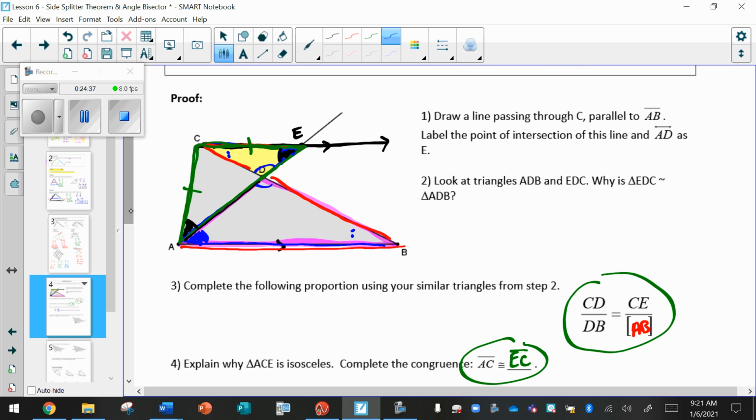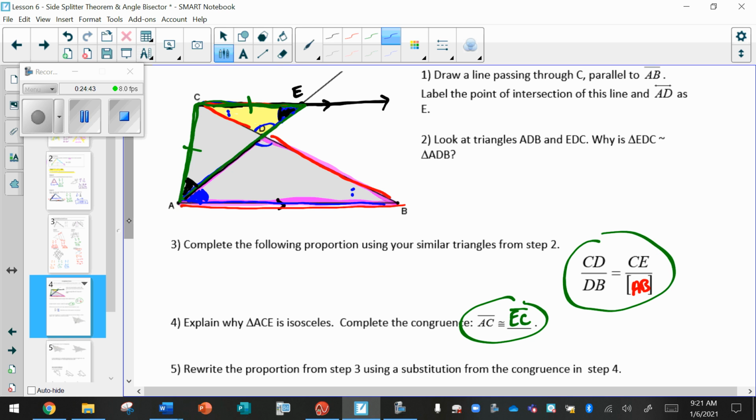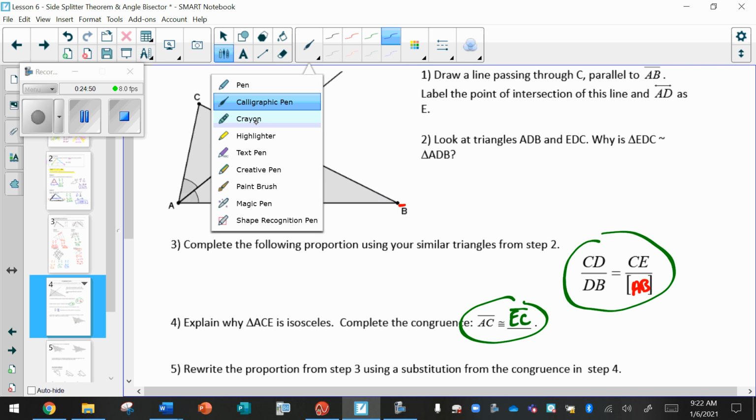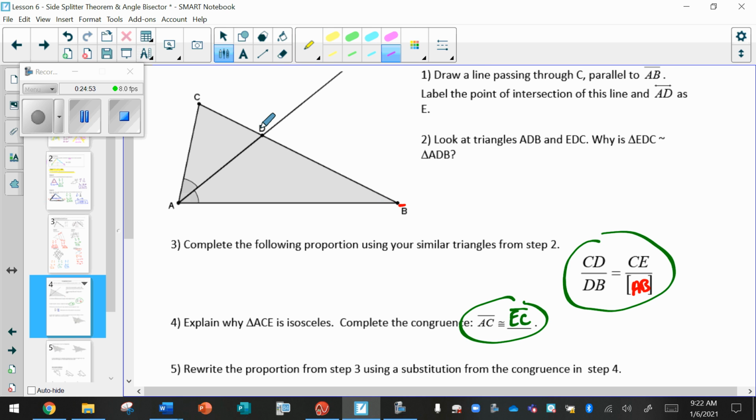So in our diagram, let me clear out all of these markings and focus on our final result there. We have CD and DB and then AC, and then AB.